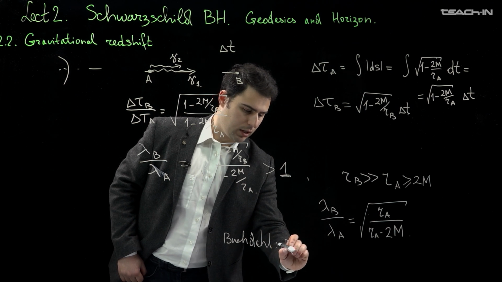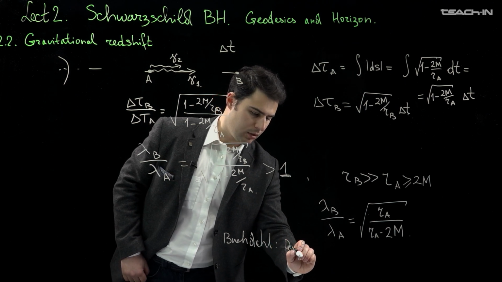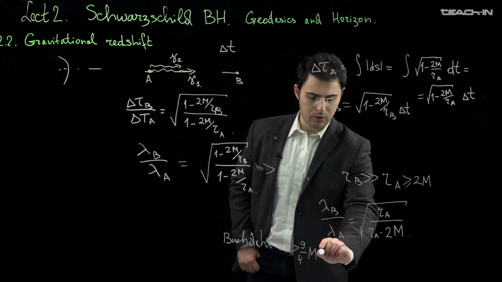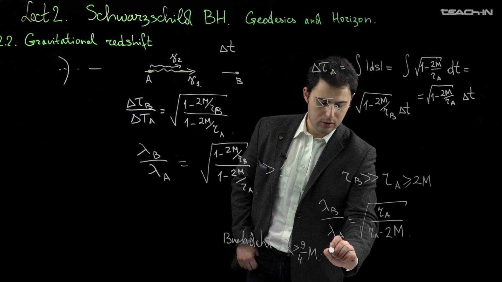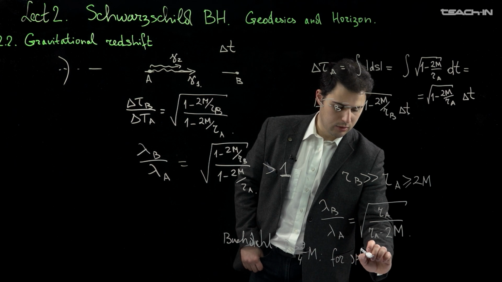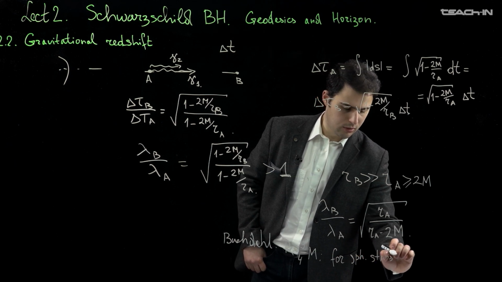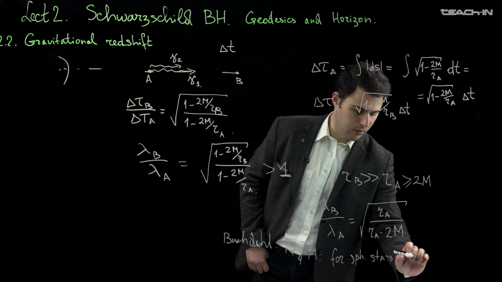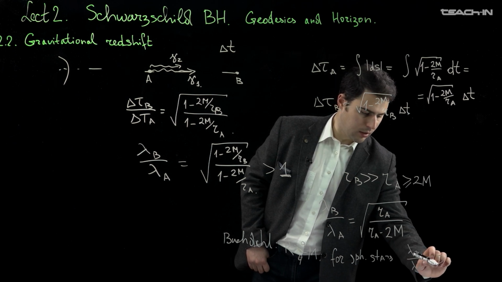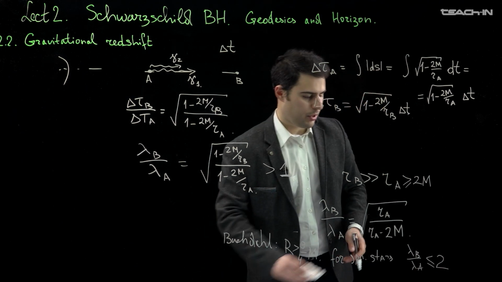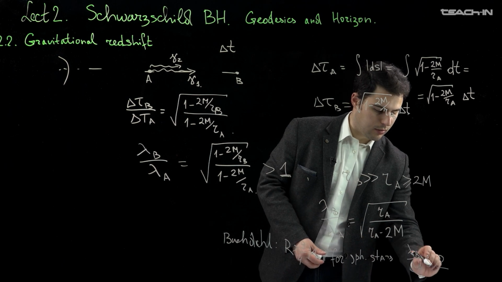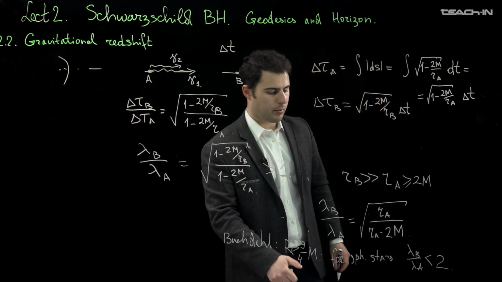We have R greater or equal than 9/4 M, so for spherical stars, the redshift can never be greater than 2.